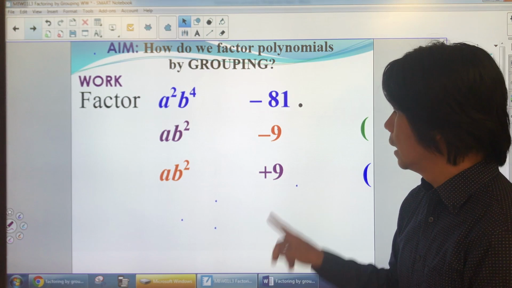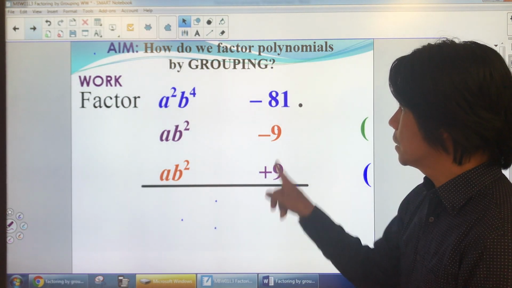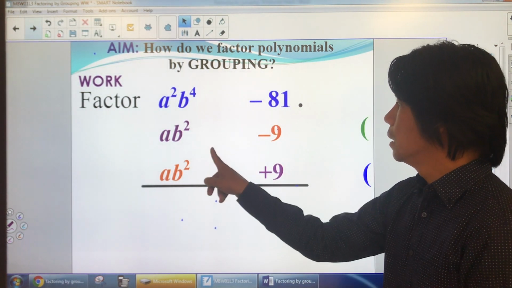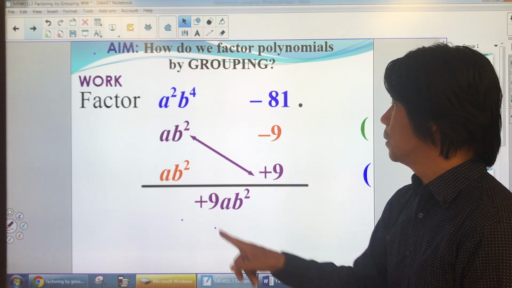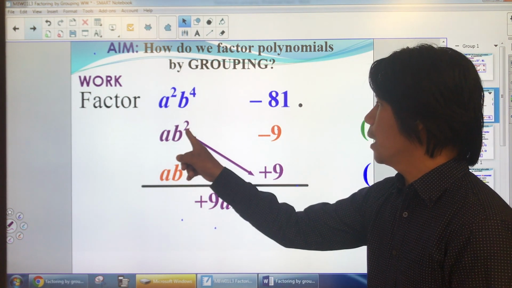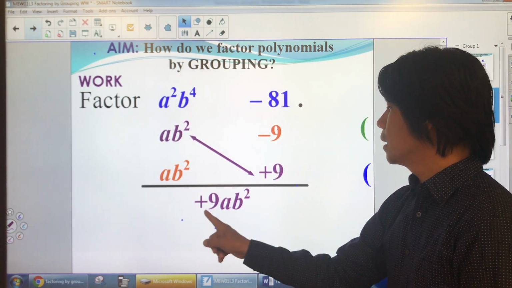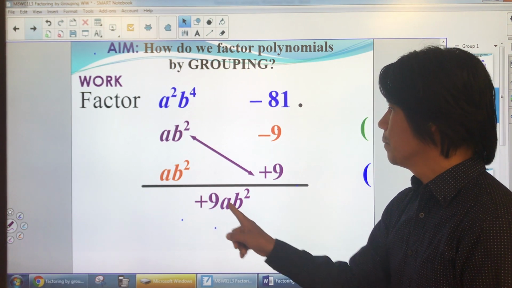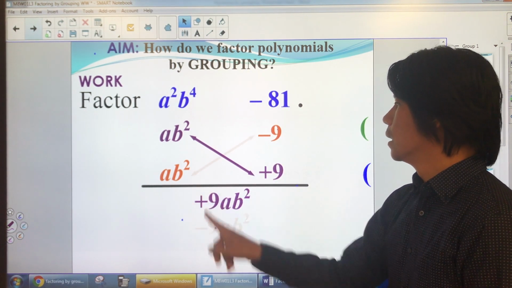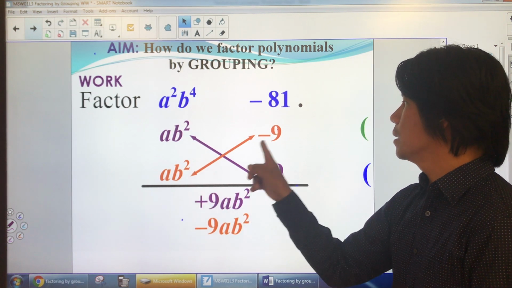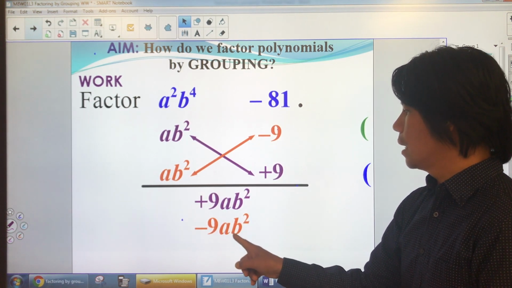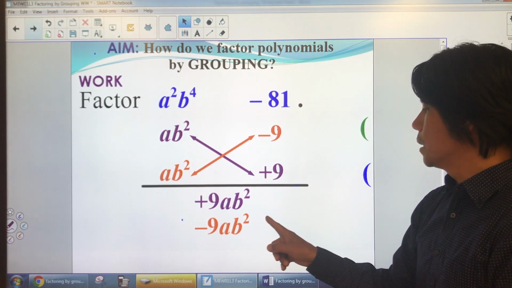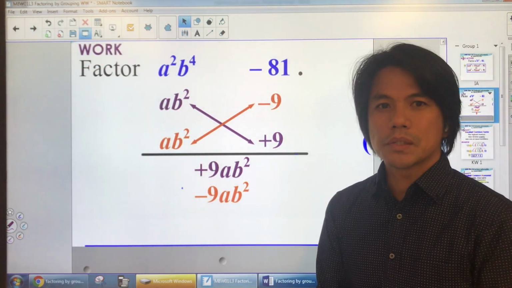Now, step 3, crisscross. So this purple, multiply them. So ab squared times positive 9, that's positive 9ab squared. Then this orange, so that's ab squared times negative 9, that's negative 9ab squared.